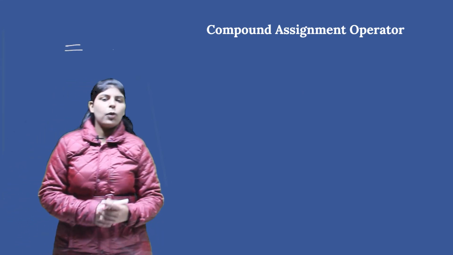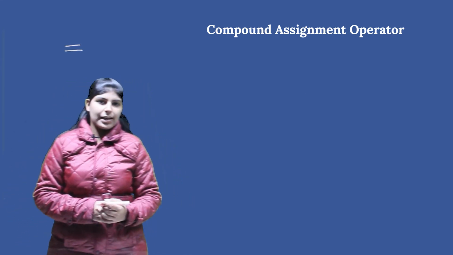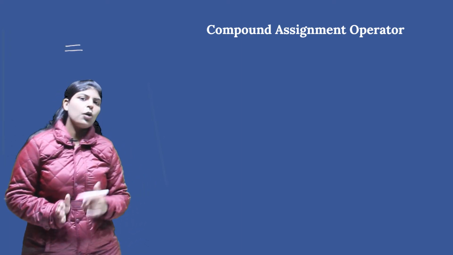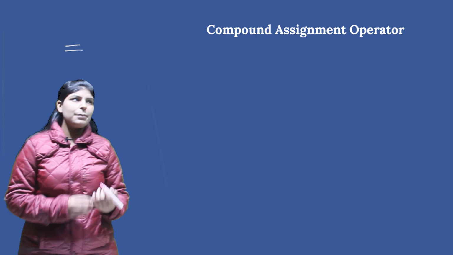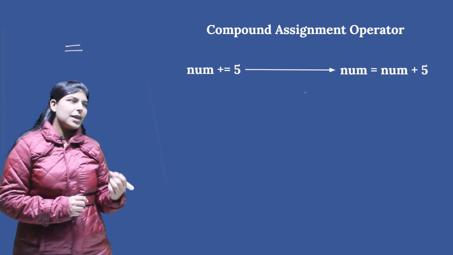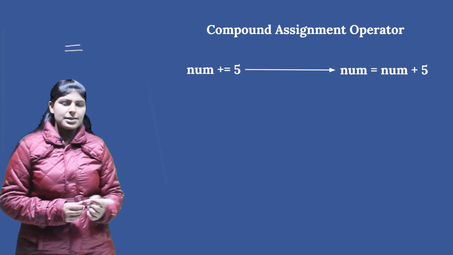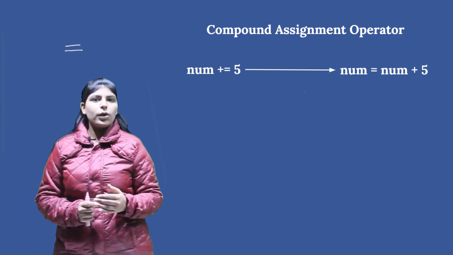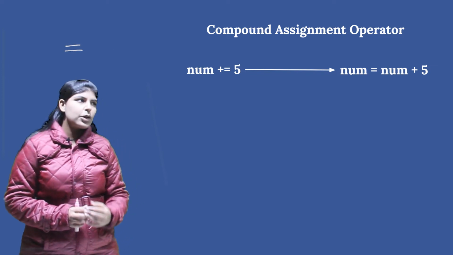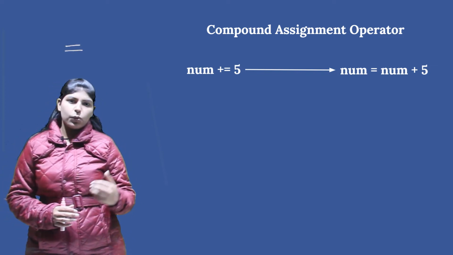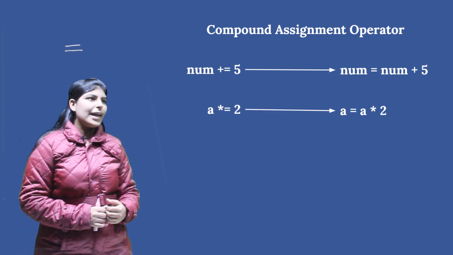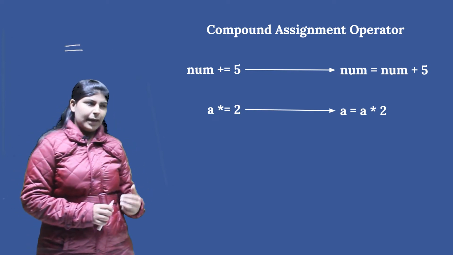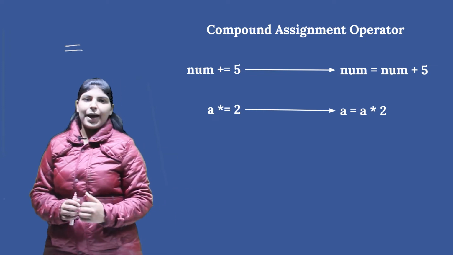Next we will see compound assignment operator. So in this assignment operator, I have an operator like plus, minus, multiply, divide along with the equal to operator. So now what is the meaning of the statement num plus is equals to 5? It means I'll add 5 to the num variable and I'll again store it in the num variable. So this is equivalent to saying num is equals to num plus 5. So if I write a multiply is equals to 2, this means a multiply by 2 and I'll store this back in variable a.